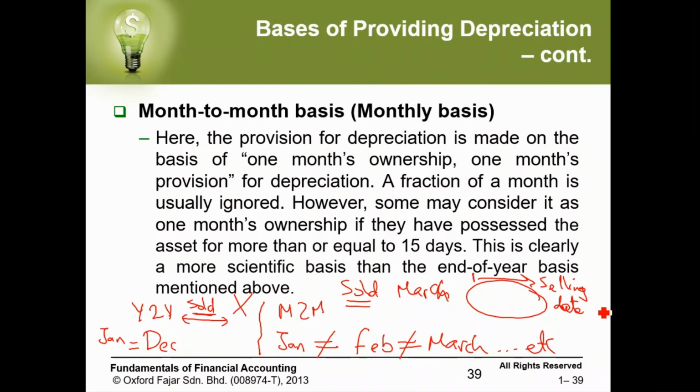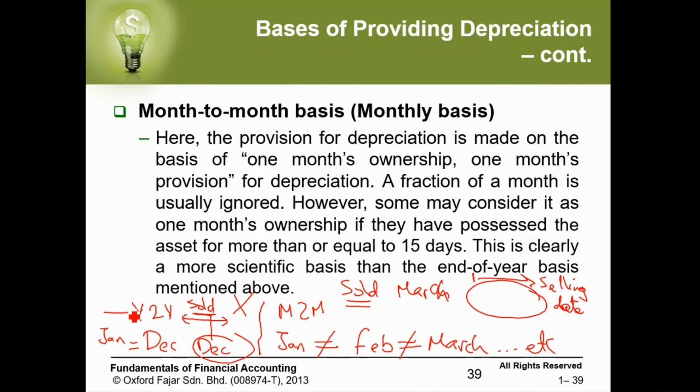So this is the difference between the month-to-month and year-to-year, and month-to-month is mostly more accurate and closer to reality. Because in the year-to-year basis, for example, we may sell the asset in December, which means we have used this asset for the entire year, but at the end of the financial period, we don't have that asset.